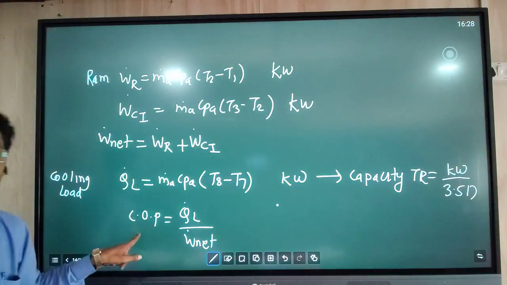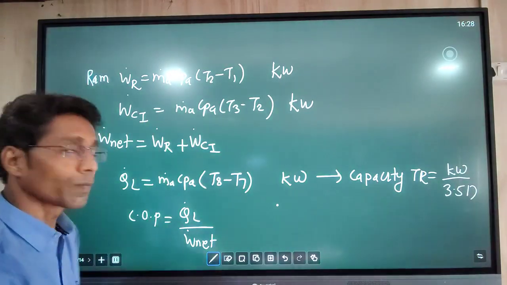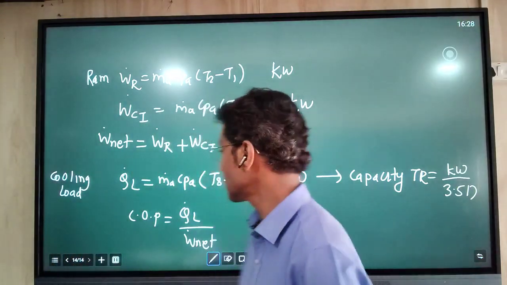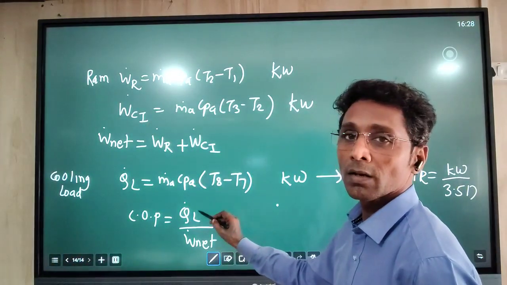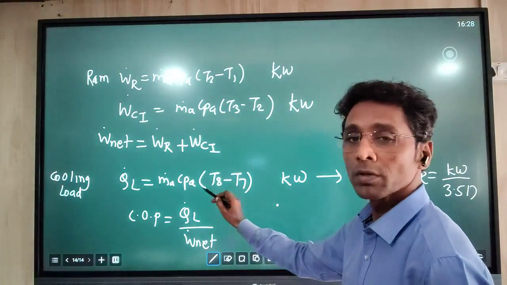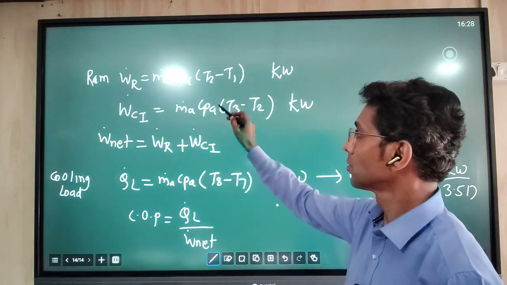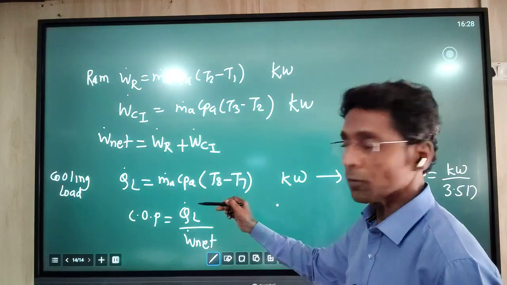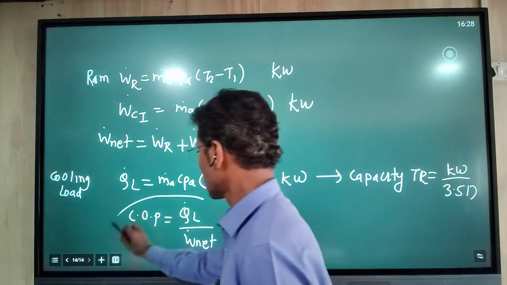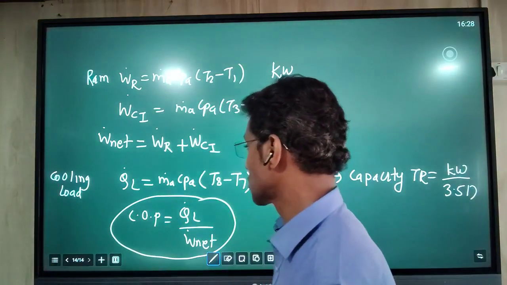And finally, the performance index, that is COP, the coefficient of performance, is the ratio of the cooling load, which is the output, divided by the net work, which is the input to the system. In this way we find the COP.